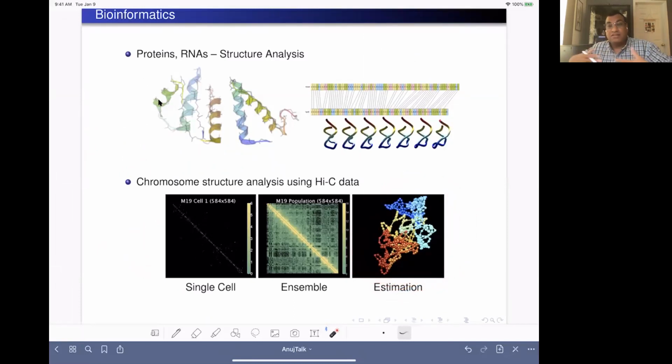In our cells, we have 23 pairs of chromosomes. We can start getting data to estimate the shapes of these chromosomes. Then the next step is how to compare the shapes of these chromosomes across cells, across people, across populations. You can do some genetic engineering and then see whether it affects the shape of the chromosome.